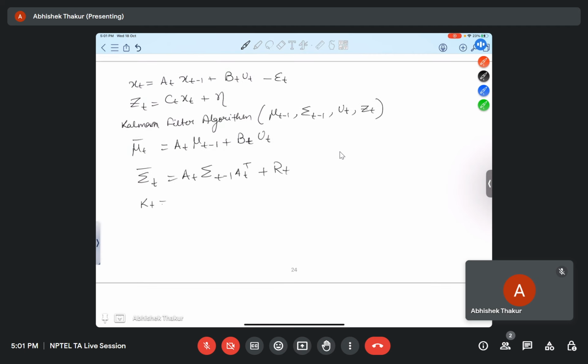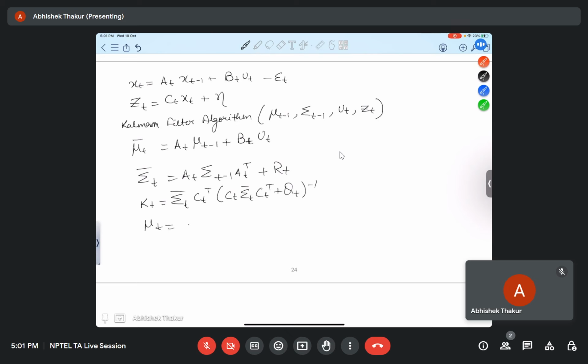Kalman gain Kt is given as sigma bar t Ct transpose, times Ct sigma bar t Ct transpose plus Qt, inverse.